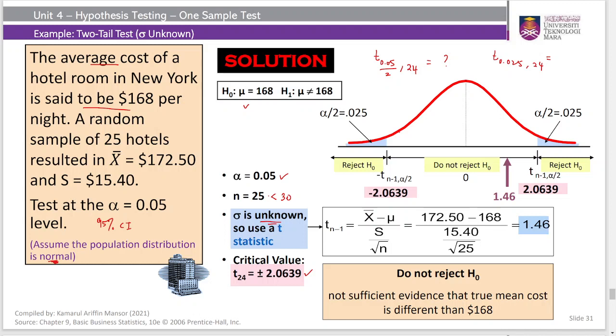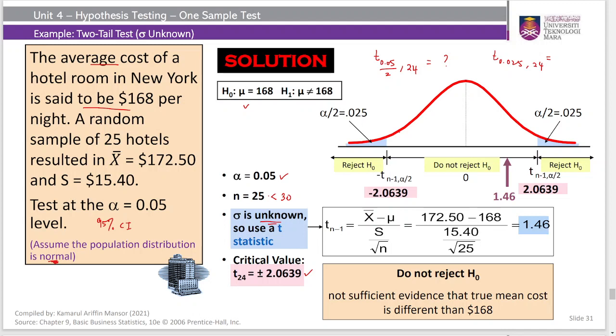Alright. So once you have identified the critical value and the rejection region with the given information, the next thing to do is to calculate your test statistic value. And the test statistic value is given by the formula below: x bar minus mu divided by s divided by the square root of n.